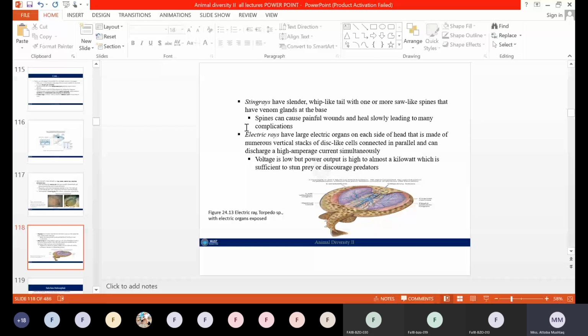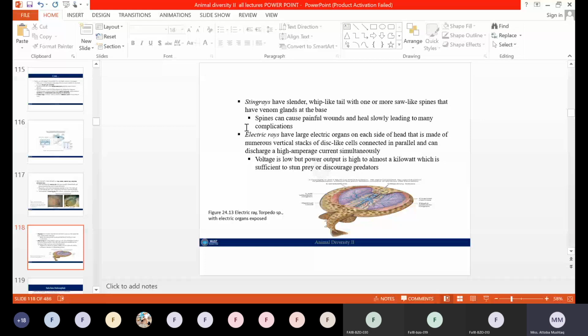So basically they use their tail for defense, which has a venomous spine, which is very poisonous and can cause very painful wounds. Okay. Electric rays, if we talk about them, they have electric organs on one side of the head made of numerous vertical stacks of fist-like cells that are connected in parallel and can discharge high amperage current simultaneously.